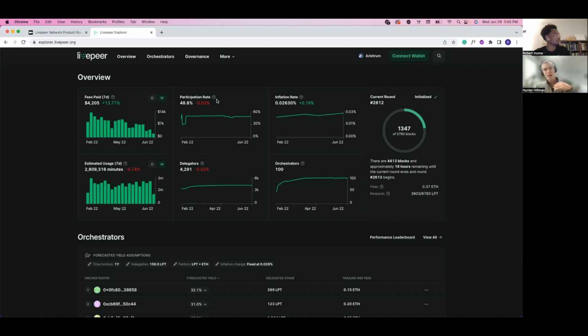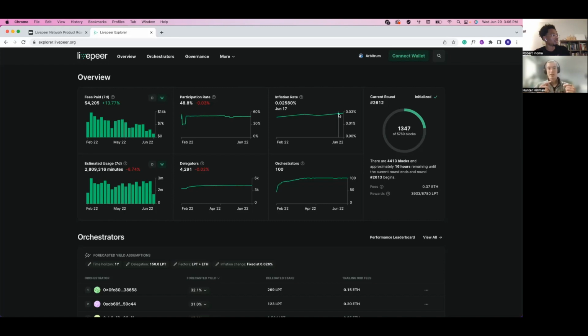Participation rate reflects, in essence, the amount of stake relative to the total supply of Livepeer token. And that has an influence on the inflation rate, which is the next metric here. So any round that the participation rate rises above 50%, the inflation rate ticks down a little bit.